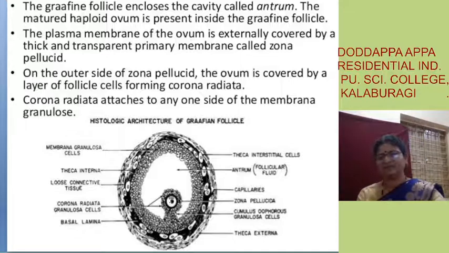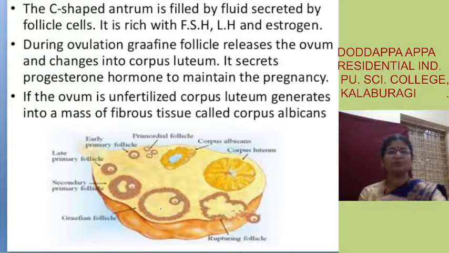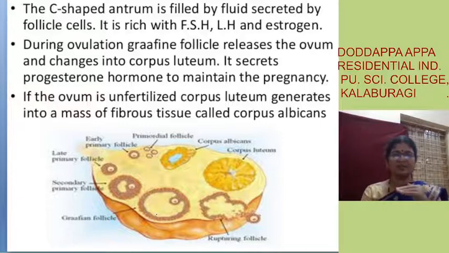Fine. This much information is enough. Here what you have to know is the sequence of the membranes. When you take from the outside, you will see theca externa, interna, membrana granulosa. When you come from the inside, membrana granulosa, theca interna, and theca externa.